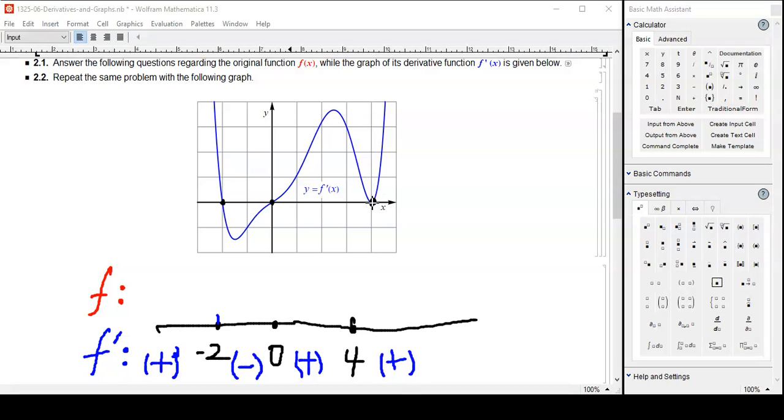The graph hits 0 here and then bounced back up, so staying positive. Therefore, the original function should be increasing here, and then decreasing there, increasing here, and then keeps on increasing. Therefore, we have a local maximum here, a local minimum here, and then this is neither.